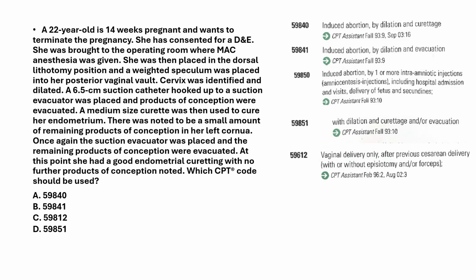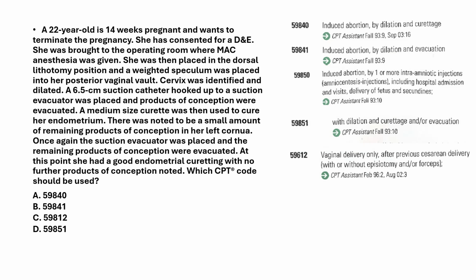There was noted to be a small amount of remaining products of conception in her left cornua. Once again, the suction evacuator was placed and the remaining products of conception were evacuated. At this point, she had a good endometrial curettage with no further products of conception noted. What CPT code should be used?